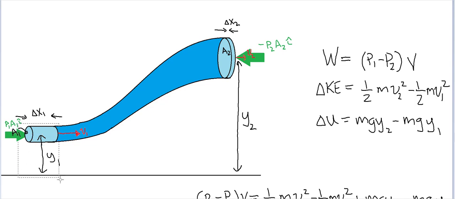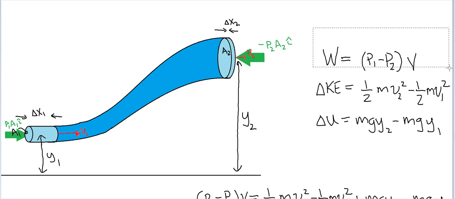I intended y1 to go from this common floor, the zero point, to the center of this tube. Likewise, y2 goes from, again, the common floor, the zero point, to the center of the tube on this side.